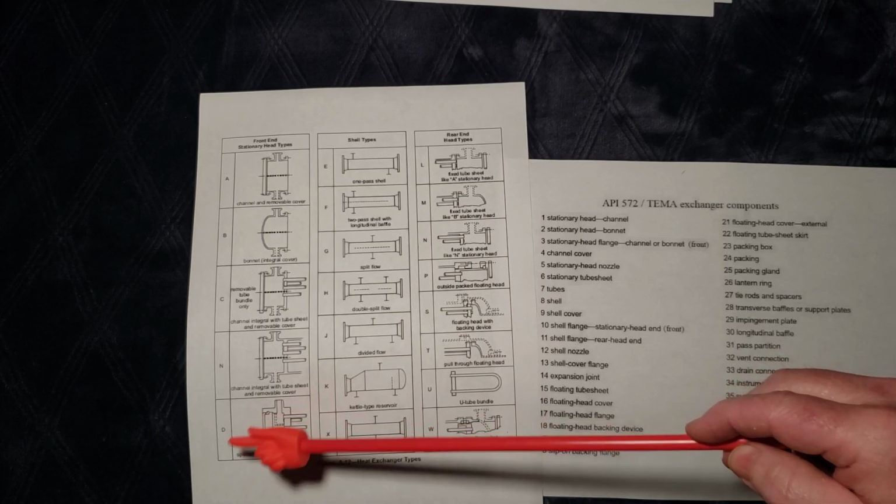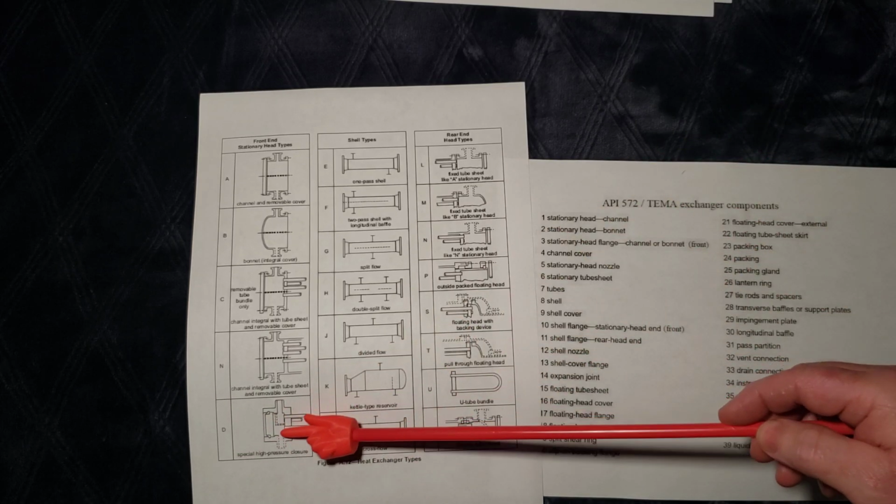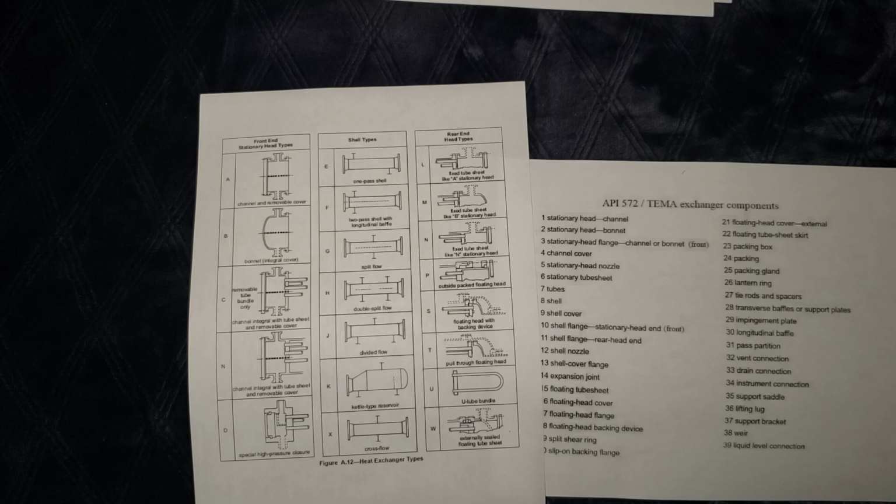And if we look right here at the TEMA chart, the letter designation delta clearly describes that would be a D-type front head configuration. In fact, that specific exchanger was a DET. Probably the only time I've ever seen one of those.